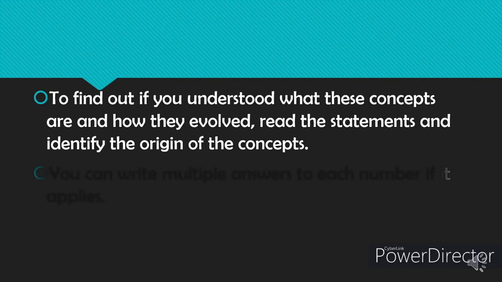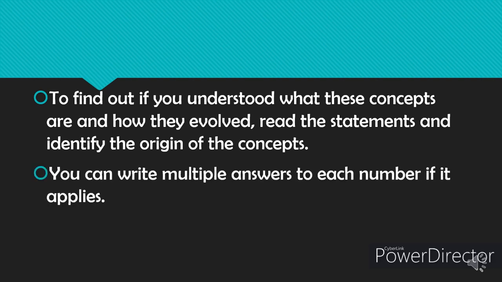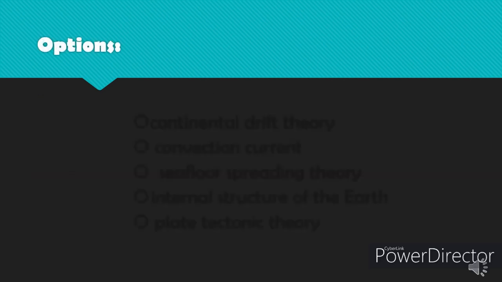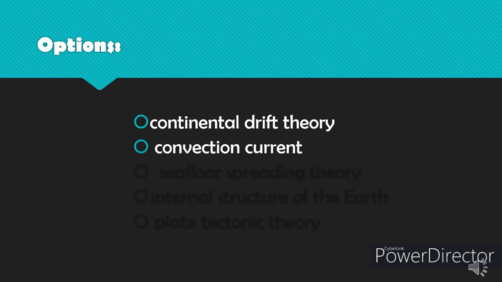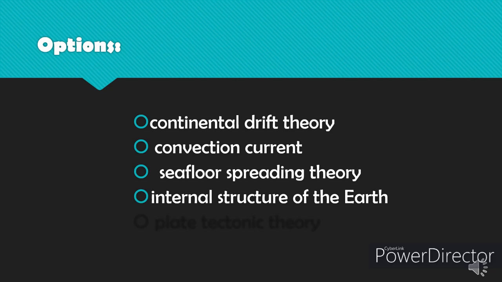You can write multiple answers to each number if it applies. The following options are continental drift theory, convection current, seafloor spreading theory, internal structure of the Earth, and plate tectonic theory.